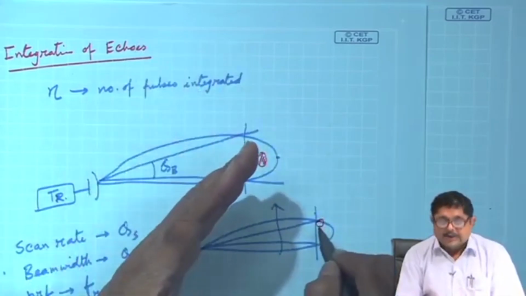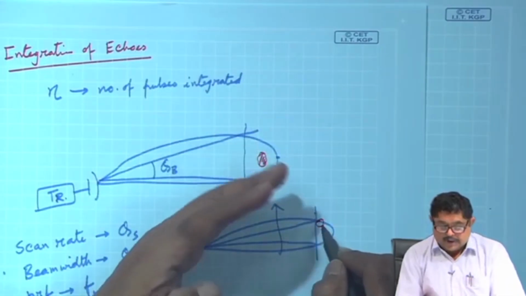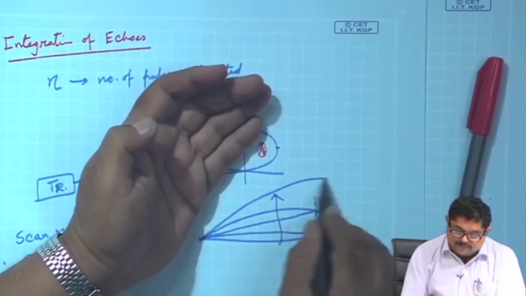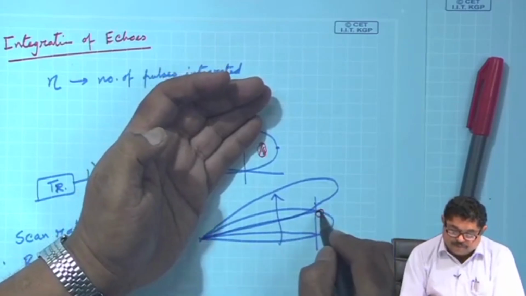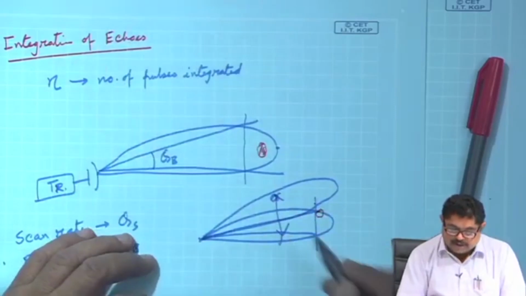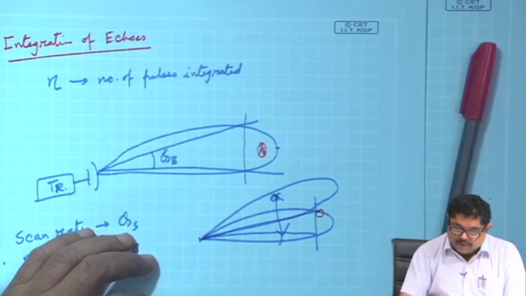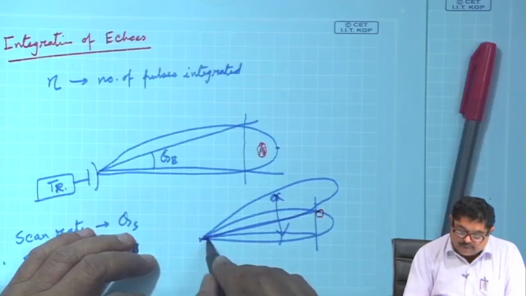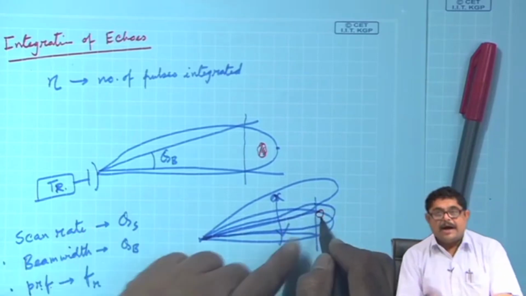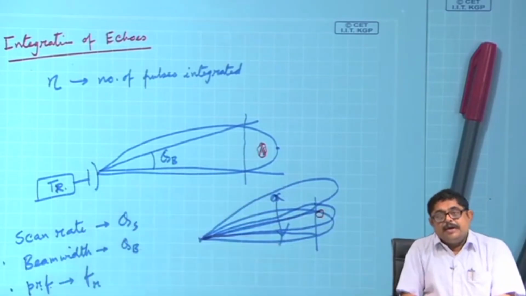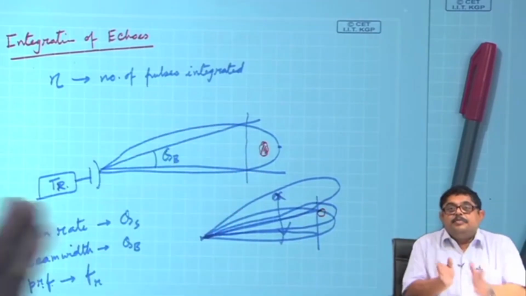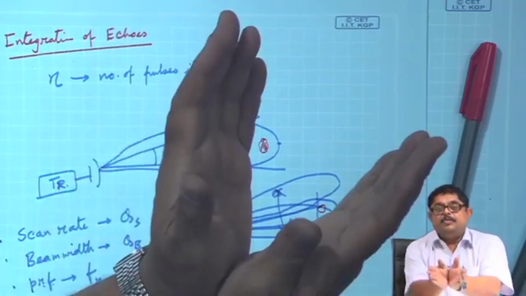Now the target has come within this beam width. As the antenna moves further, the beam will move here, and then it has come to the middle of the target, and like that it will go to this side. So, throughout this theta b, the beam is illuminating the target.